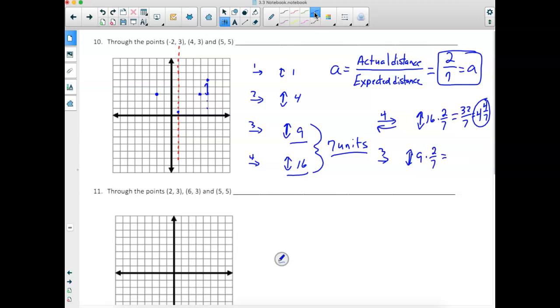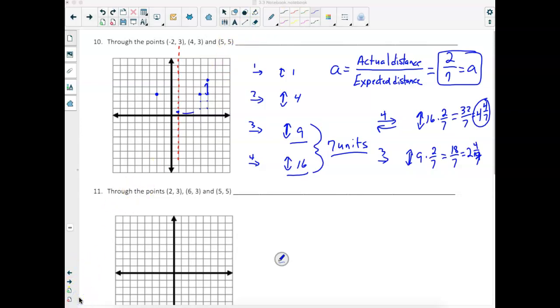Well, that's going to give me 18/7, which is equal to 2 and 4/7, right? So if I went from this, I'm going to go down 2 and 4/7, and I get back there.